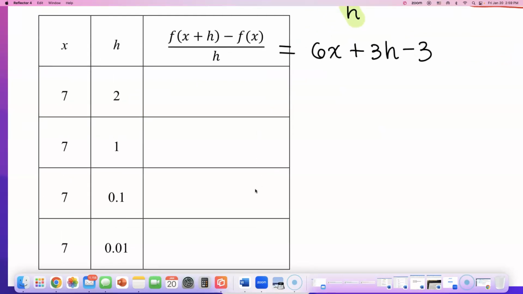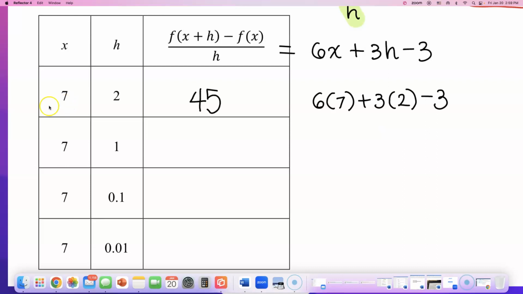They gave us x is 7 and h is 2. So when you evaluate that, we'll find the answer. Let me get a scientific calculator on my cell phone. This is going to be 6 times 7 plus 3 times 2 minus 3. The answer should be 45.